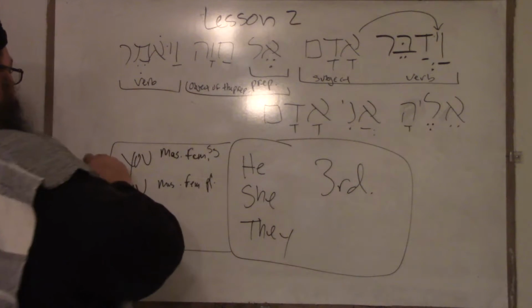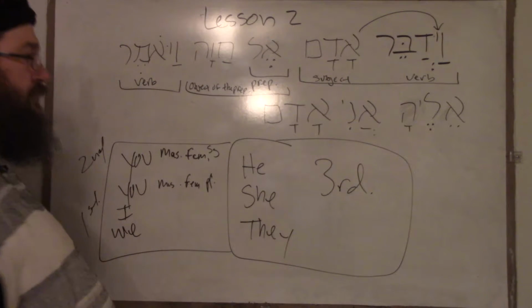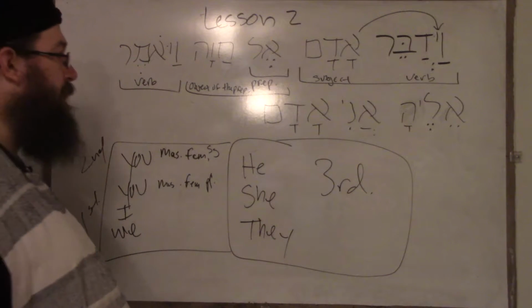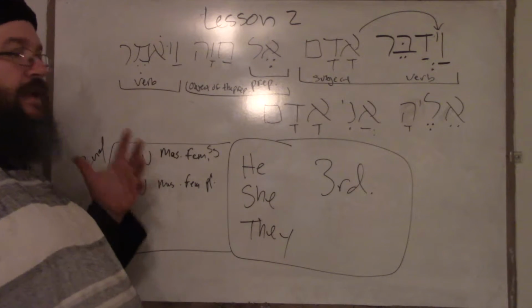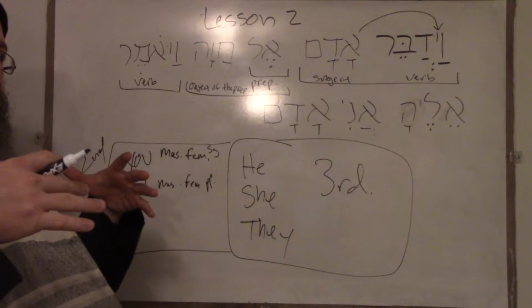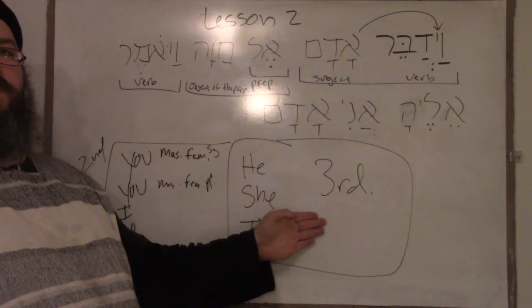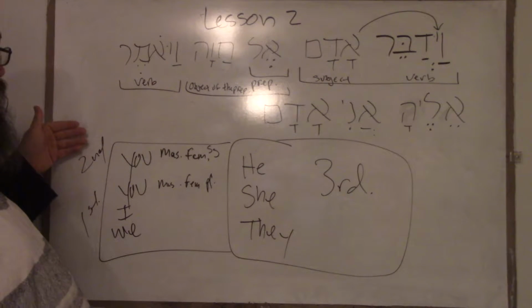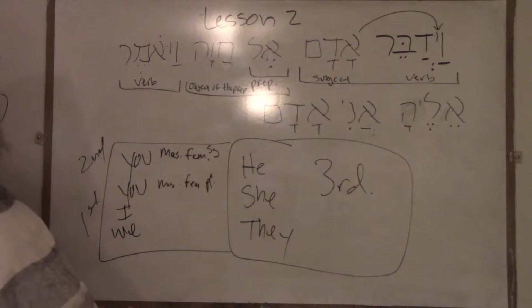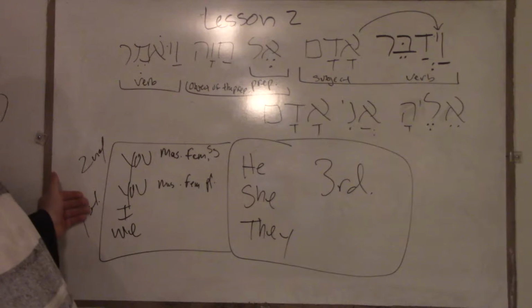So here we're going into second and first person mode, okay? So we just have to remember this, that when we're talking about narrations, obviously we're just talking about events that took place, we're going to be using the third person. When we're talking about people speaking, we're going to be going into the second and first person. It's only going to be dependent upon who is the one that needs to speak.